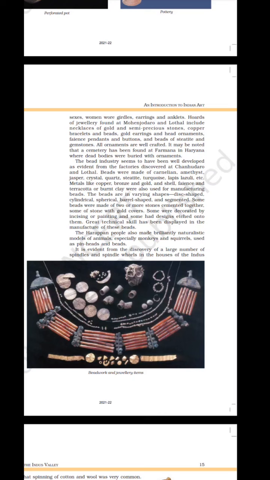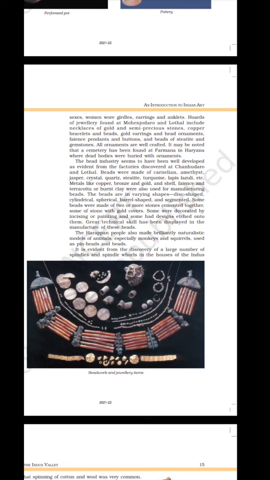It may be noted that a cemetery had been found at Farmana in Haryana where dead bodies were buried with ornaments. The bead industry seems to have been well developed, as evident from the factories discovered at Chanhudaro and Lothal.